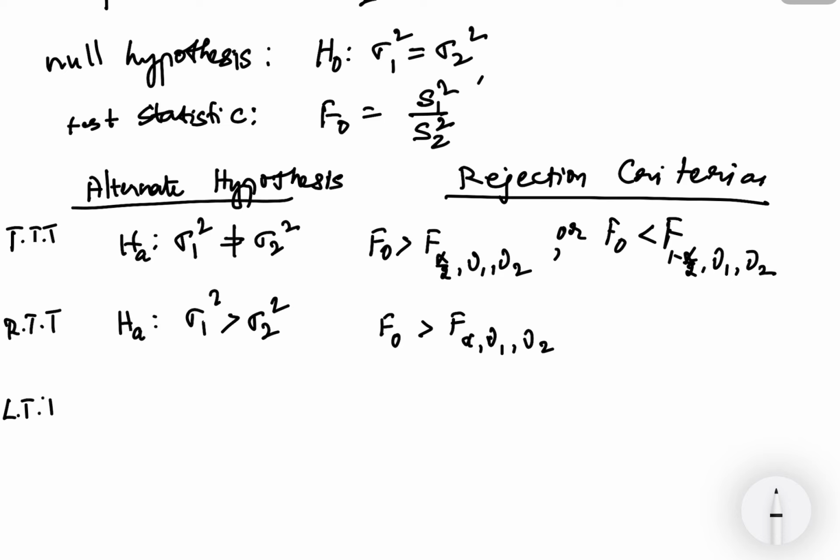For a left-tailed test, the alternate hypothesis is sigma1 square less than sigma2 square, and we will be rejecting the null hypothesis if the test statistic calculated is less than F of 1 minus alpha, nu1, nu2.